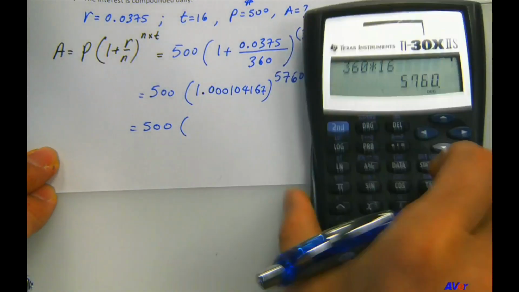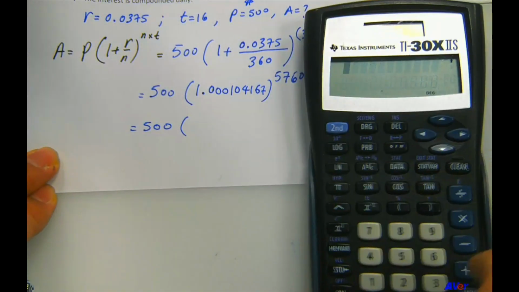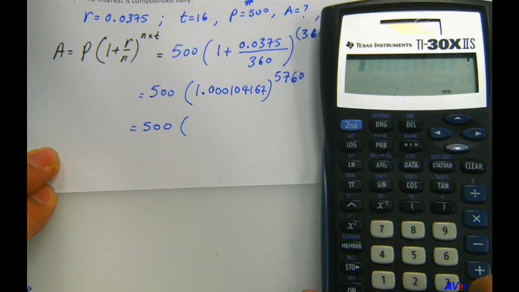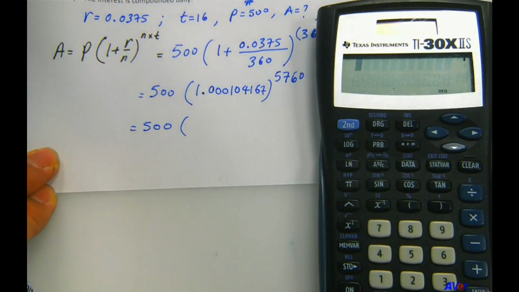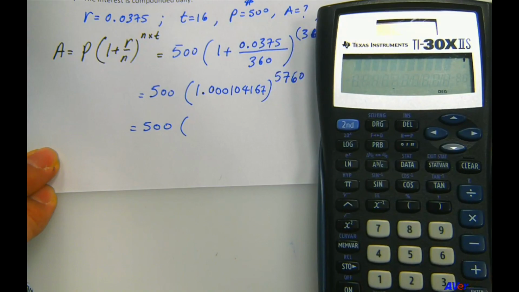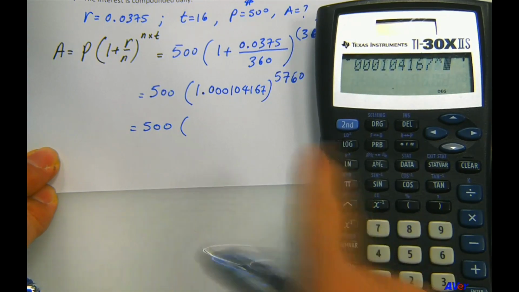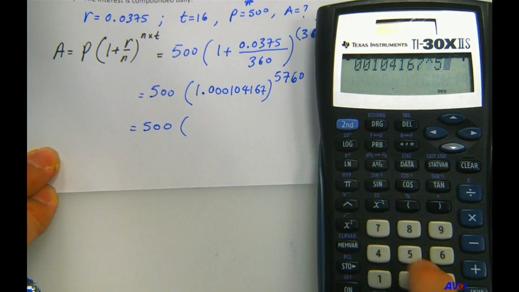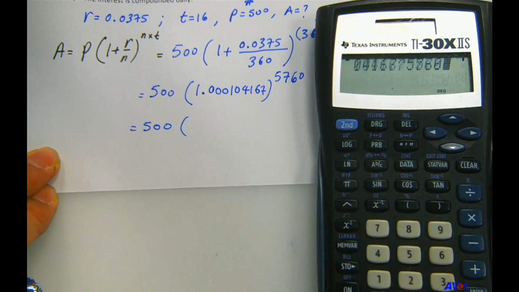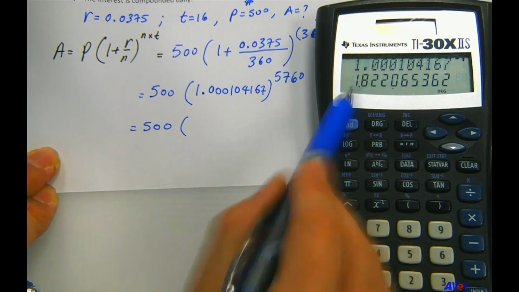Let's do that. Okay, so all of that, 1.000104167, raise that to 5,760, we get that quantity.